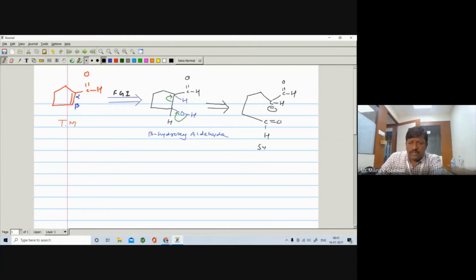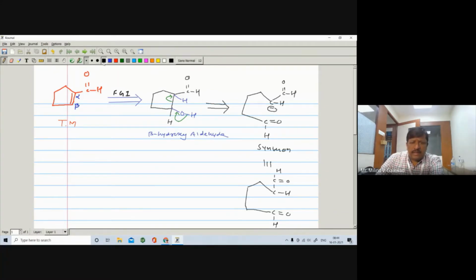For this you can write the corresponding compound, which is called a synthetic equivalent. So you just have to put an H here. I will write the same thing by putting only H: C double bond O and here is an H, and the remaining part as it is. The same thing we have taken, only we have decreased the number of carbon atoms.